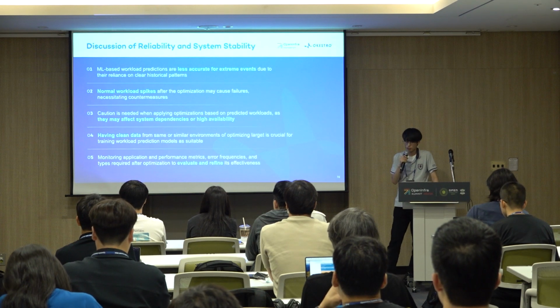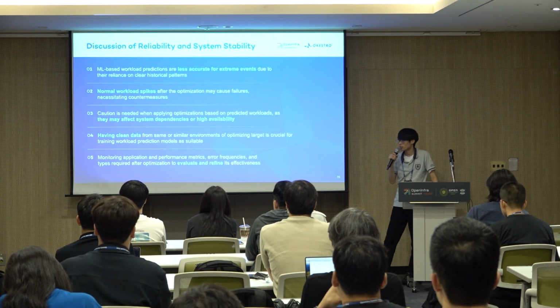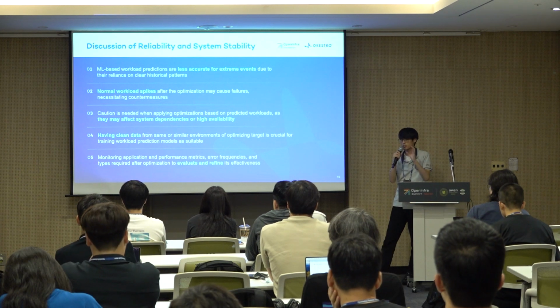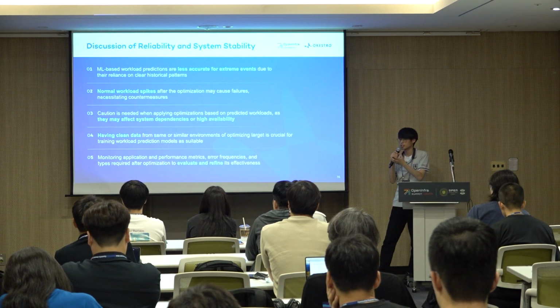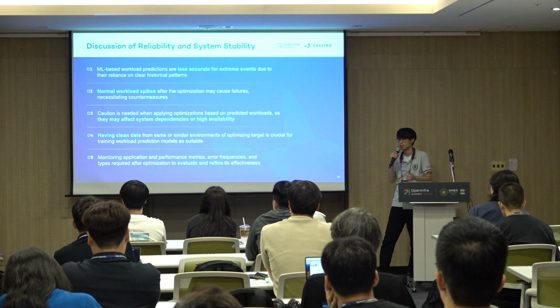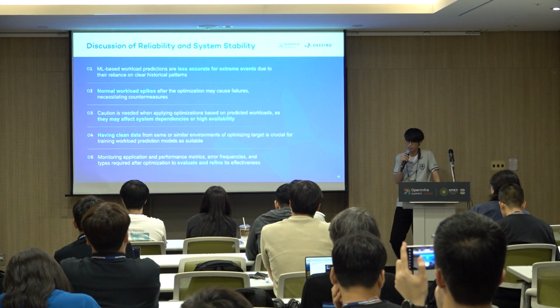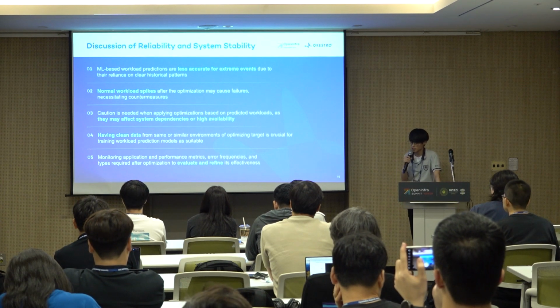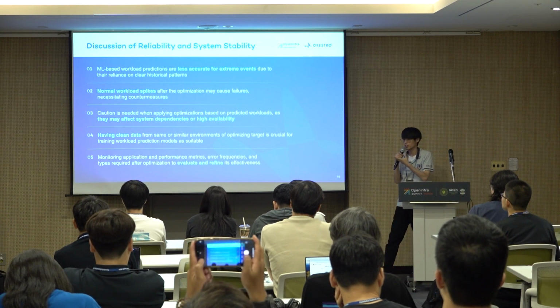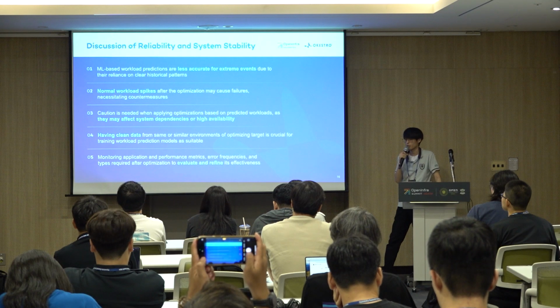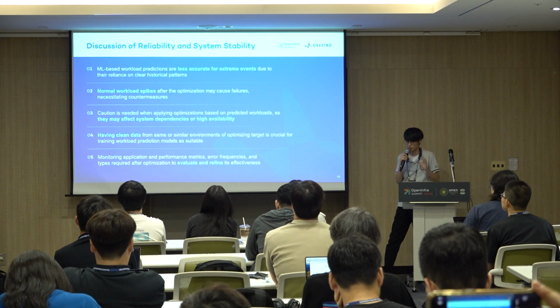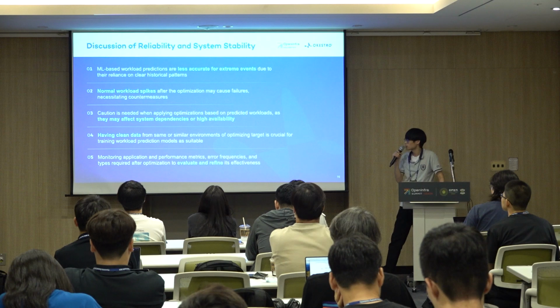Finally, actually, we expect workload prediction to always be correct in future forecasting, but it is not. The machine learning model has weaknesses. It does not always show accurate output, so we have to consider it.